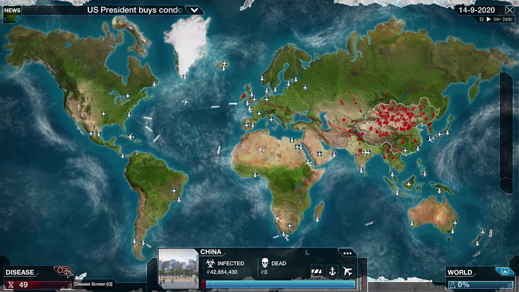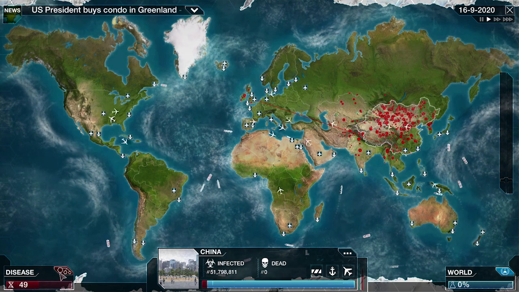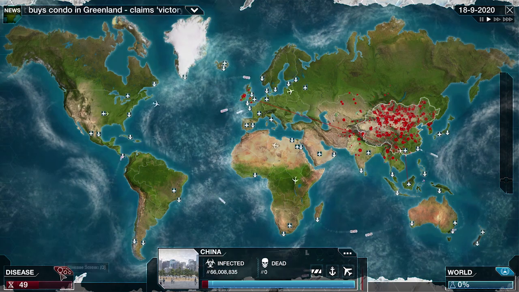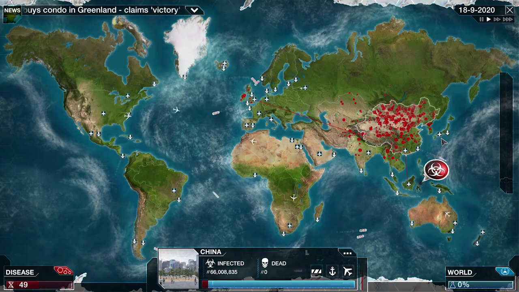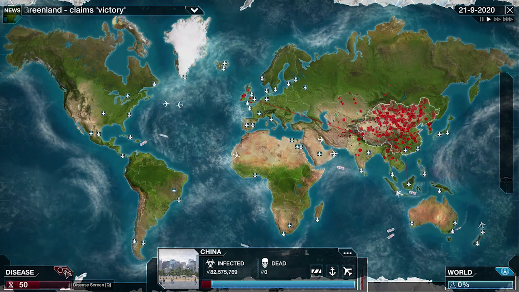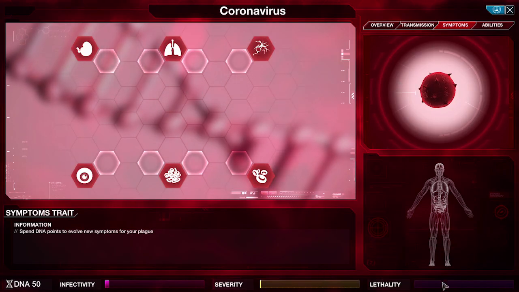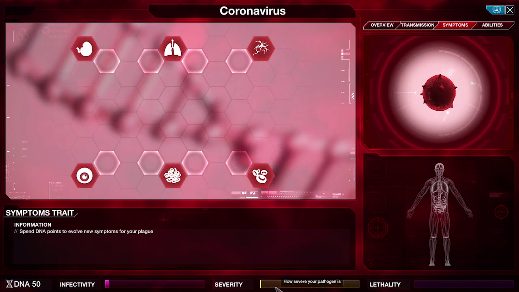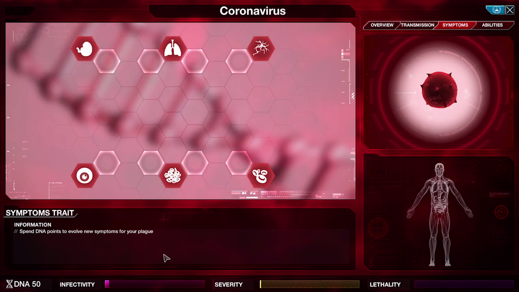Typically with Plague Inc., I like to infect as many people as I can while staying underneath the radar, and that means keeping my lethality low, and my severity relatively low. Severity would be like something where it's like, oh damn, he's really sick. And actually that rings true for most viruses.